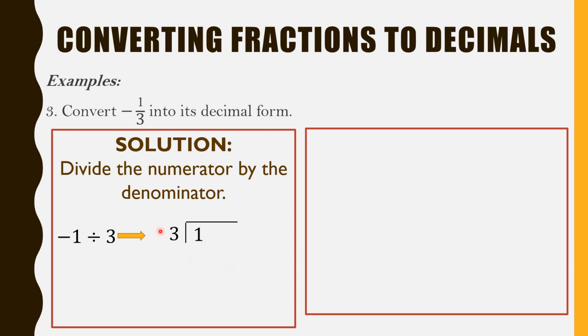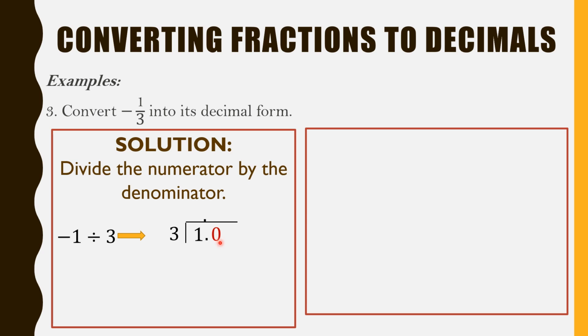Okay, so we disregard first the negative sign and simply write 1 inside the division symbol, and of course our divisor, which is 3, outside. Again, we annex a 0, but we first put a decimal point to know where our decimal point is in our quotient.